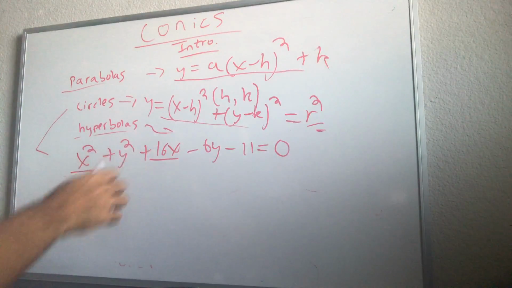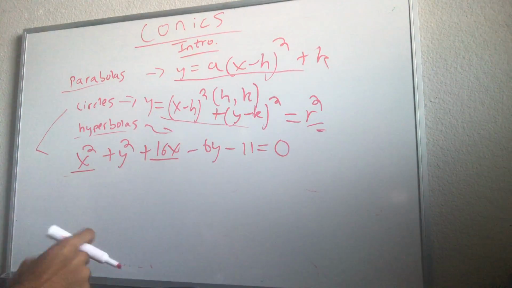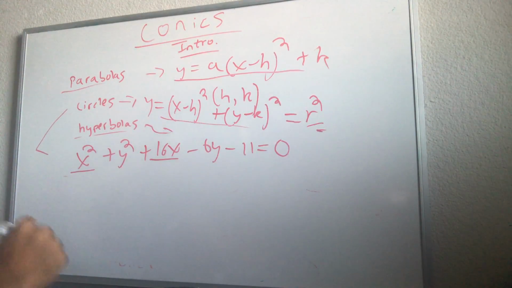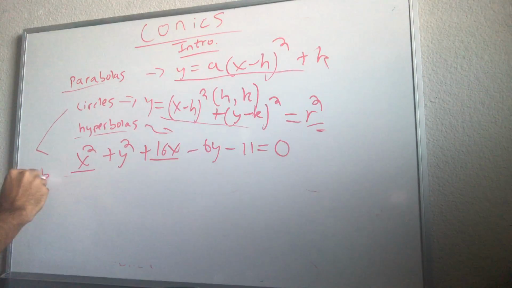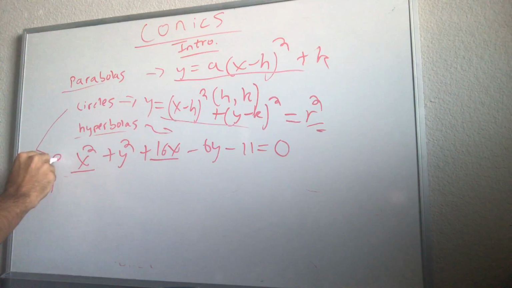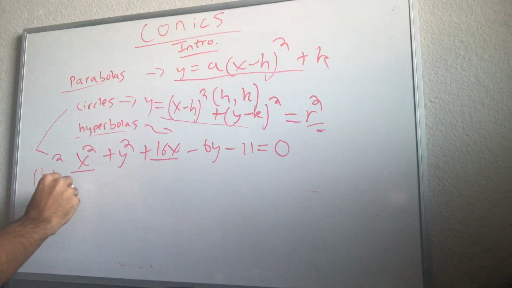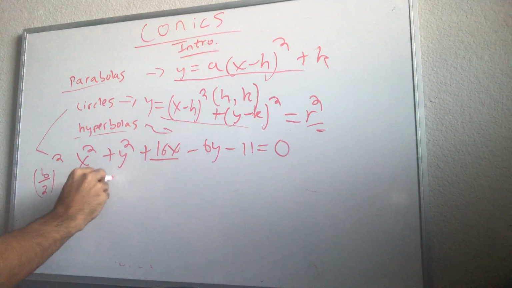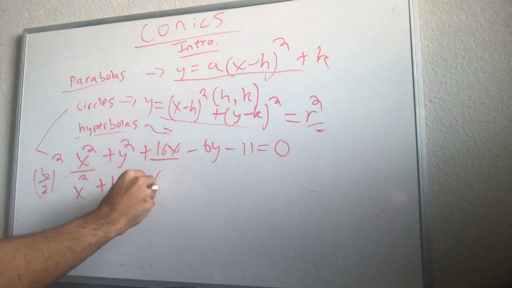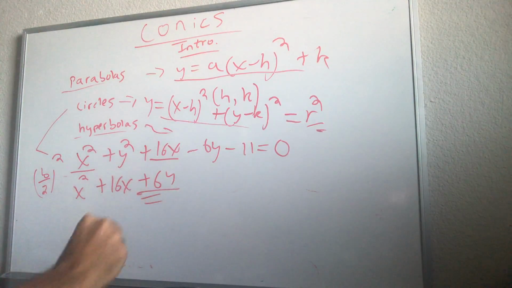You see x squared plus 16x. You can divide 16 by 2, that's 8. The rule is b divided by 2, and squaring that. So 16 divided by 2 is 8, squaring that is 64. So you have x squared plus 16x plus 64. We're adding the 64 here.